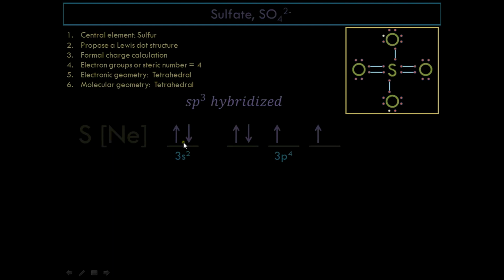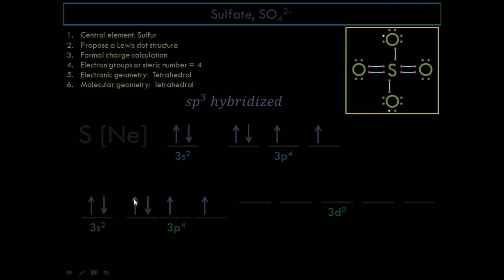Okay, so how are we going to have 3 half-filled orbitals here? So remember that sulfur, its last electrons belong to the 3rd energy level. So it is capable of opening the d orbitals.